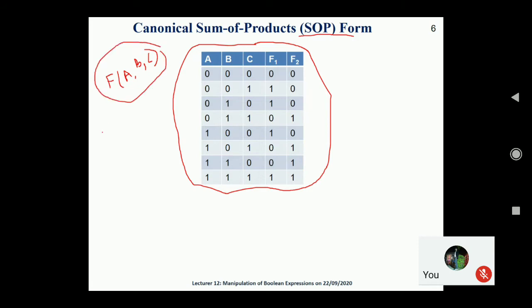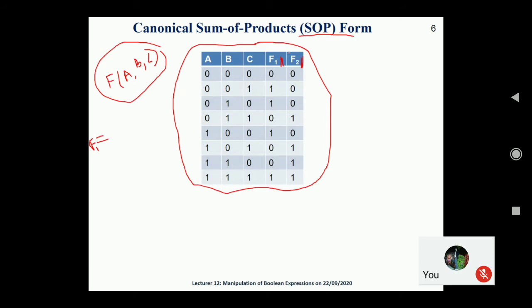Suppose we are interested in finding the expression for the two outputs, F1 and F2. If I am writing F1 in the SOP form, then according to the definition, SOP form is directly connected with the min terms. Min terms means some true min terms are there, and some false min terms are there.